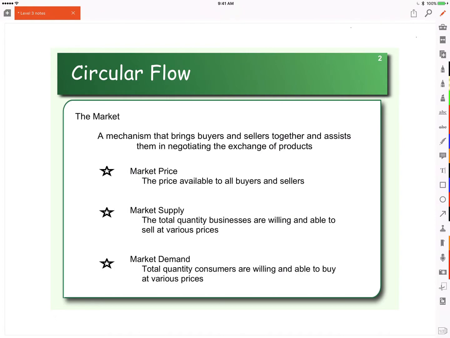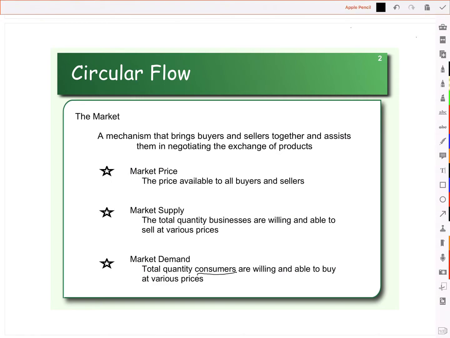And so we have to consider that each of these markets consists of supply and it consists of demand. So when we talk about demand, we are looking at the consumers. When we're talking about supply, we're looking at the business. And it's these two coming together that is going to determine the price of the good or service in the product market.